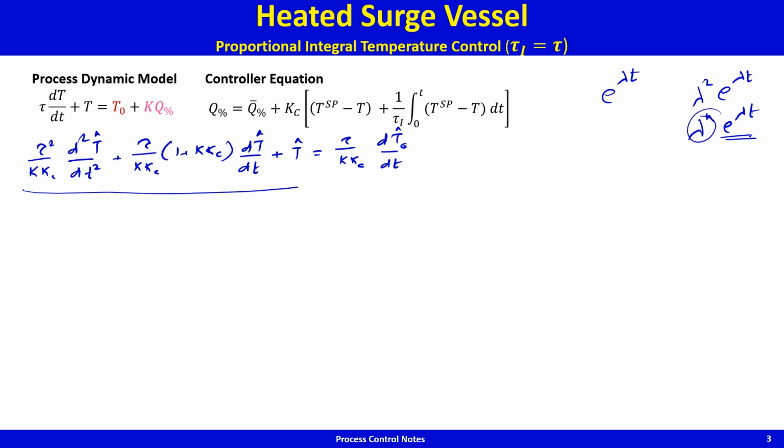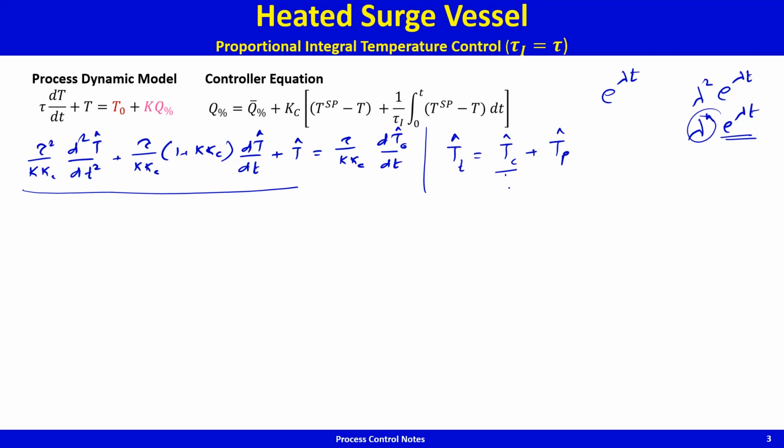So the way to solve this equation, integrating factor will be difficult because integrating factor applies to a single first order differential equation. The general way of solving this equation is to use the method of constant coefficients. And what is the method of constant coefficients? You say, okay, the total solution, we are looking for T. So T total is going to be T complementary plus T particular.